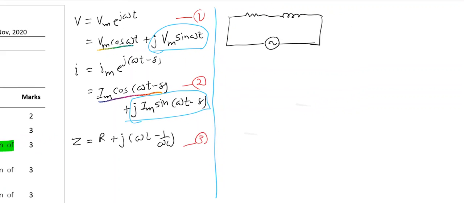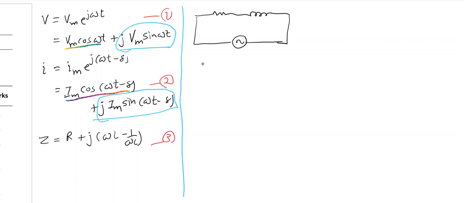All I need to do now is first find Z for this circuit. There is no capacitor, so I can write Z for this circuit as R plus j omega L.